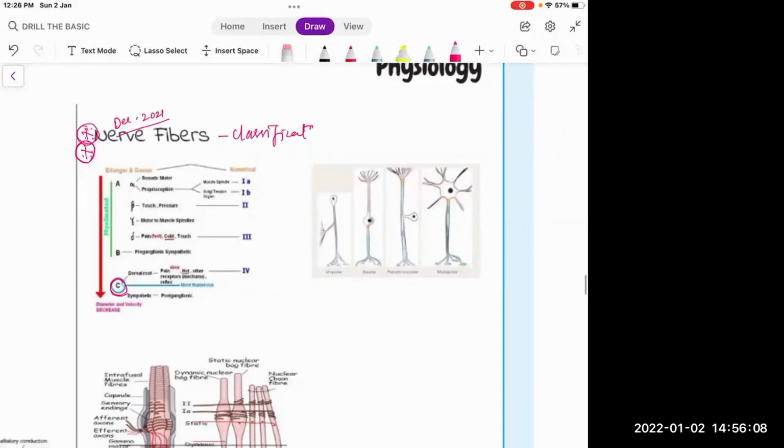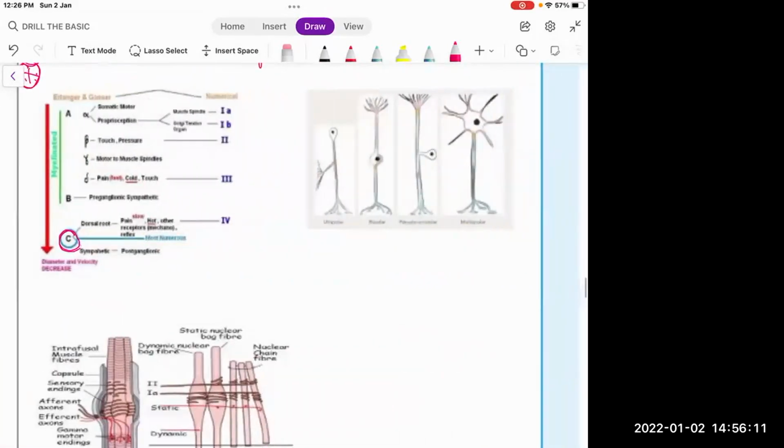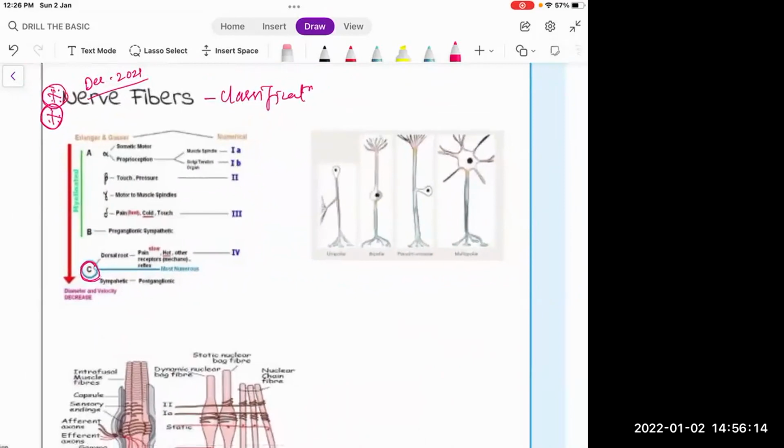Okay, so try to remember this picture because this picture will give you much information with all the aspects regarding the diameter, the velocity, the faster conduction, the myelination, everything. Try to at least remember this picture in your mind, so the visual memory will help you if you forget during the exam. This classification of nerve fibers was given by Erlanger and Gasser.